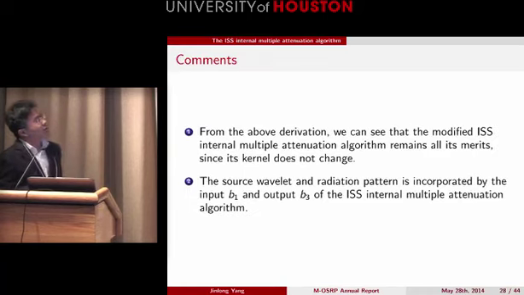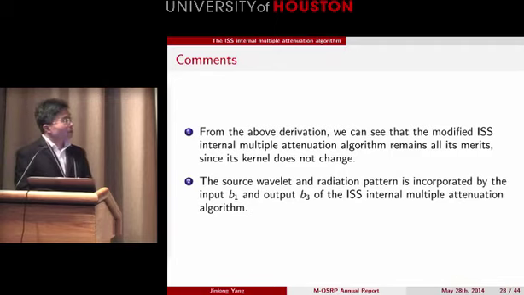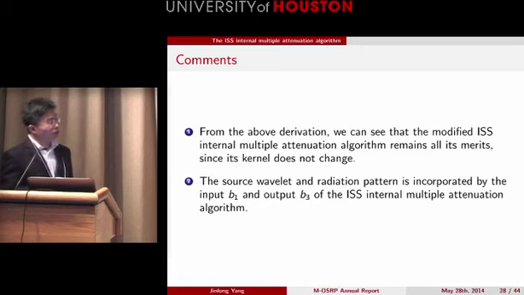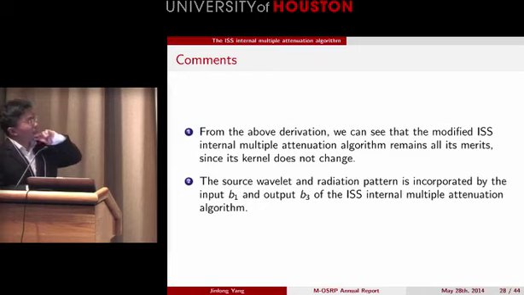In this derivation, we can see that the modified ISS internal multiple attenuation algorithm has benefits because we do not need to change the kernel of the algorithm. The code does not need to change. The source wavelet and the radiation pattern are incorporated by the input B1 and output B3.